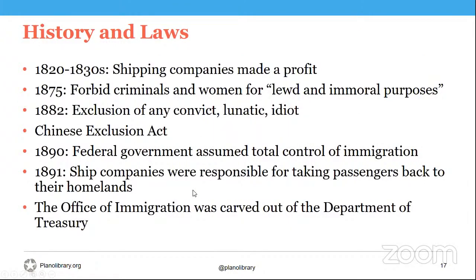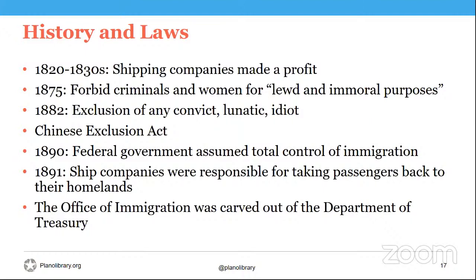Some of the history and laws that changed over the years were that they were abusing the immigrants, and so they had to get into trouble if they mistreated them. So there were laws put into effect in the 1820s to 30s to keep these companies from making too much of a profit by stuffing too many people in the bow of their ship.